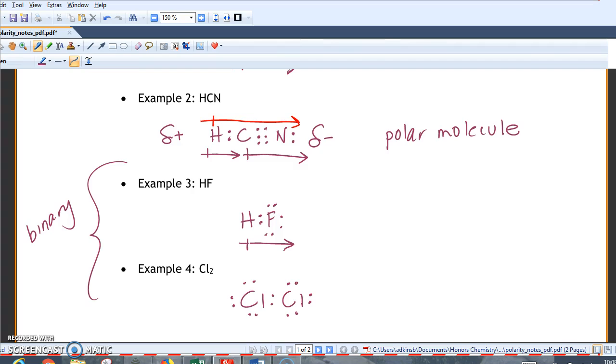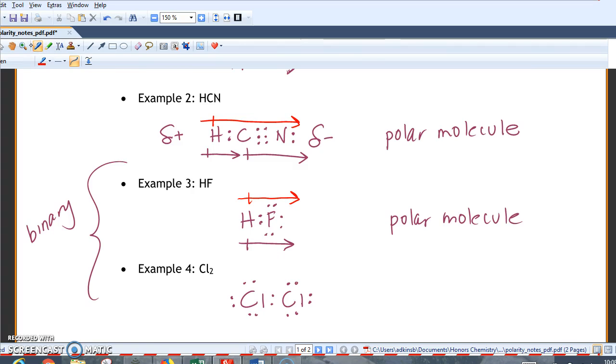If you have a bond dipole and there's only 2 atoms, then it will be a polar molecule overall, because there's no way for this bond dipole to cancel, right? In CO2, we had the case where it was pulling to the right and pulling to the left. Here, you just have pulling to the right, so you would have a permanent dipole that would look exactly like the bond dipole.